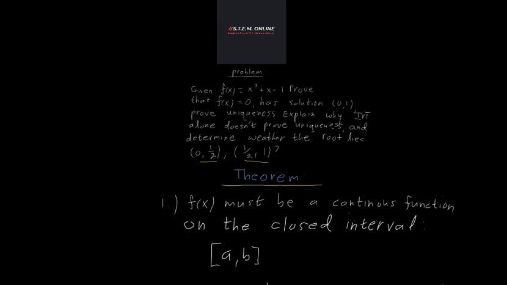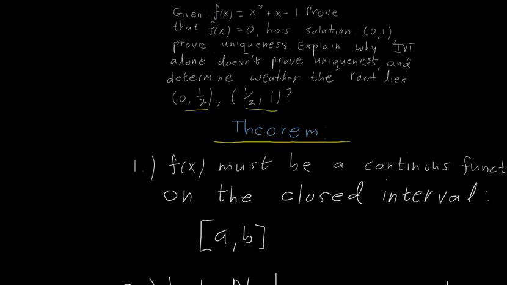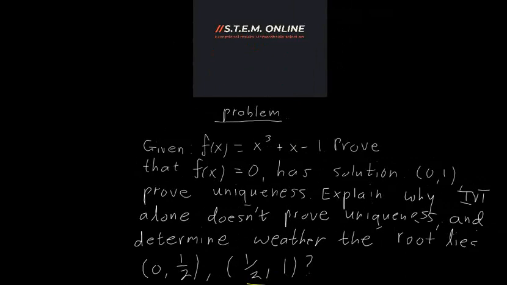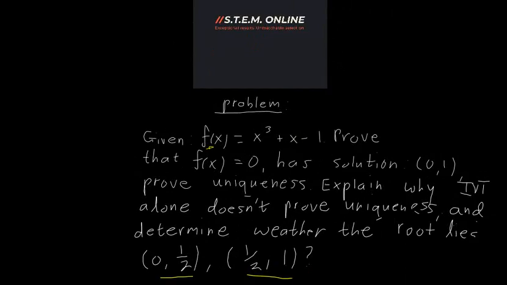Okay, so let's move to step 3: execute. We know the function is continuous, so we know that IVT is going to be used. So we made our life easier with that. Now, the function f of x equals x cubed plus x minus 1, this guy right here, we can look at it.